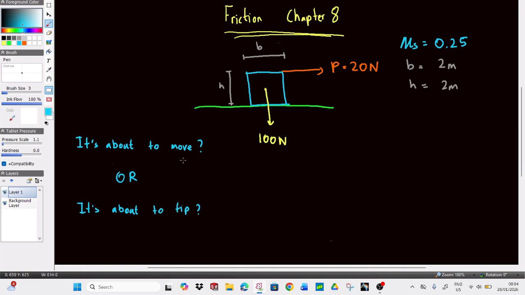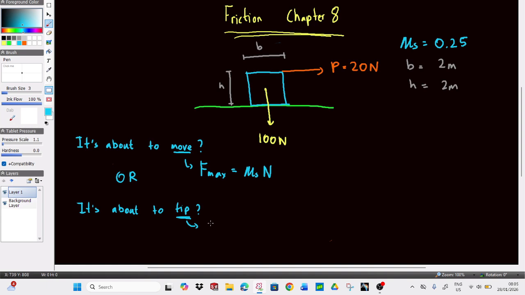So we're either interested to know whether it's about to move or about to tip. Because if we know it's about to move, obviously that means we would be able to determine the frictional force, which is F max, and that's related to μs times N.